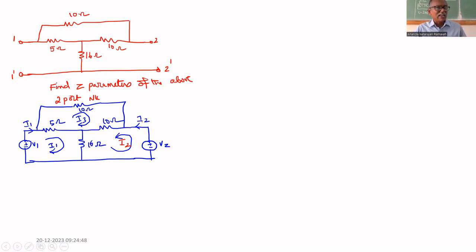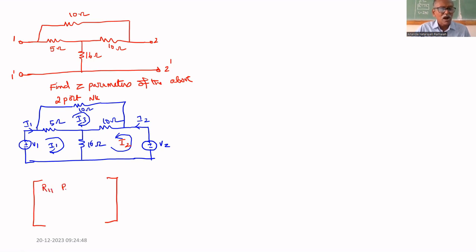You can write KVL for each loop, or by looking into the circuit, we can write the equation. That way we can write it quickly. What are the parameters?